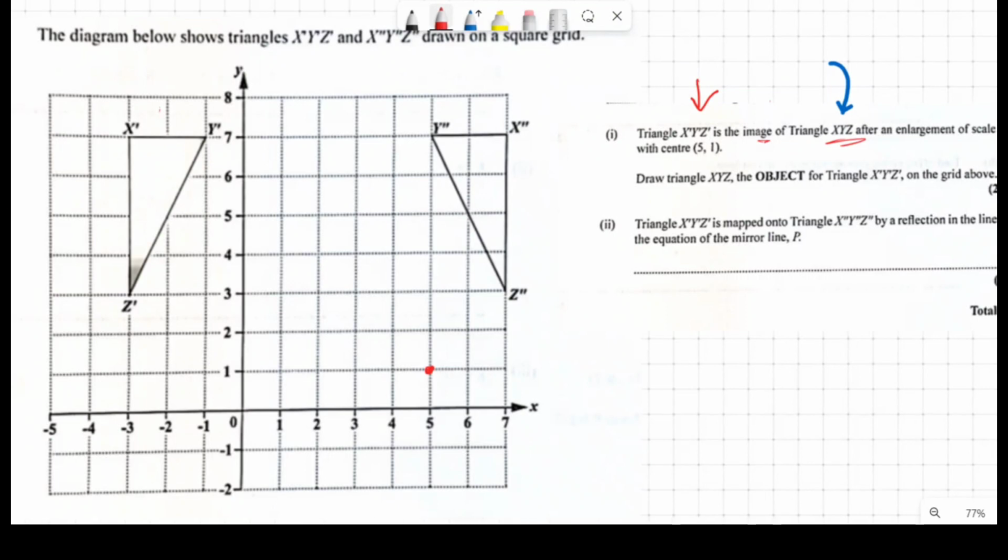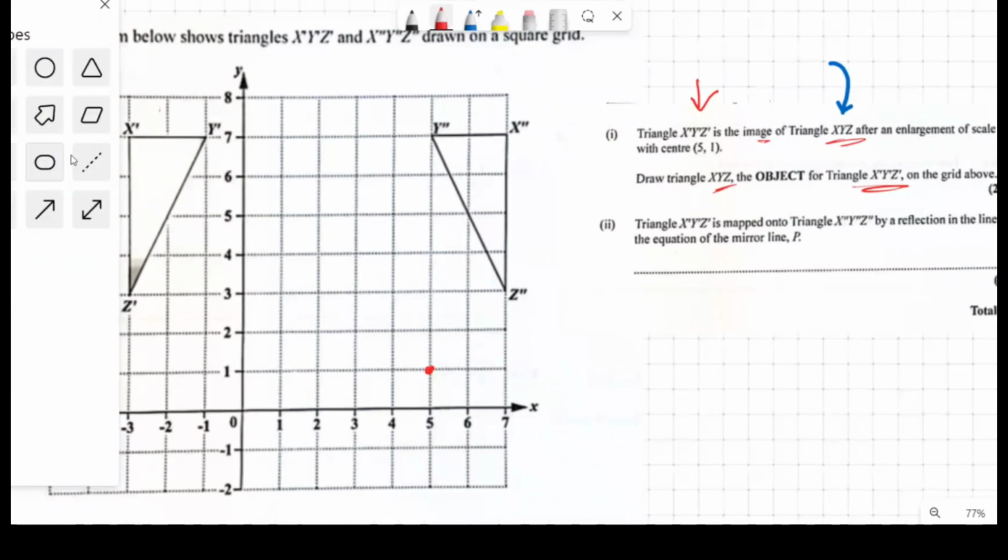All right. So now they said draw XYZ, the object of this, on the grid. Now, there are many ways you could go about this. I'm going to show you some.